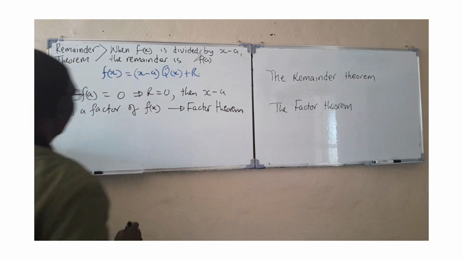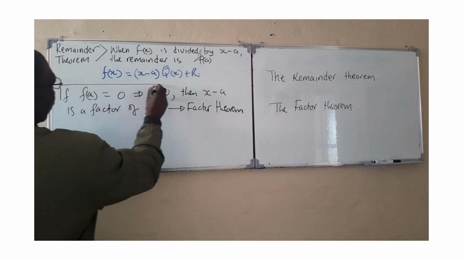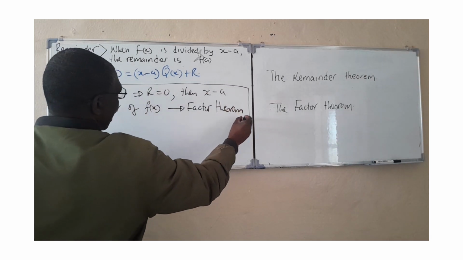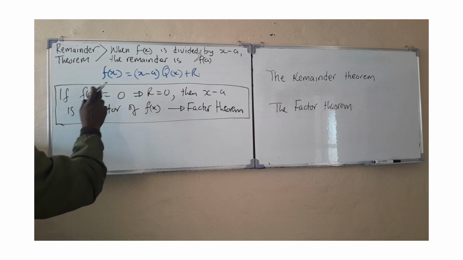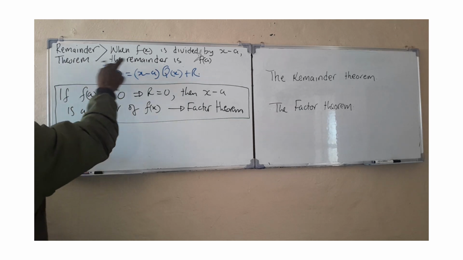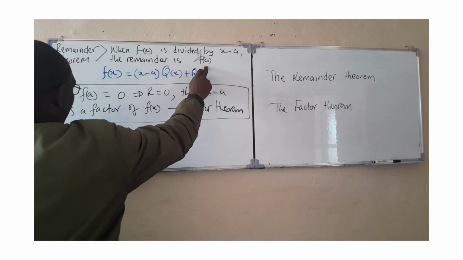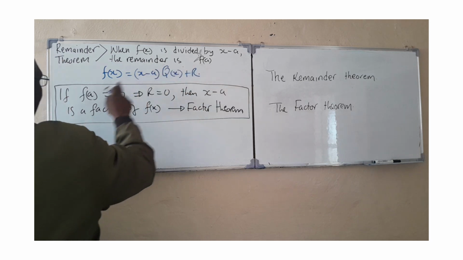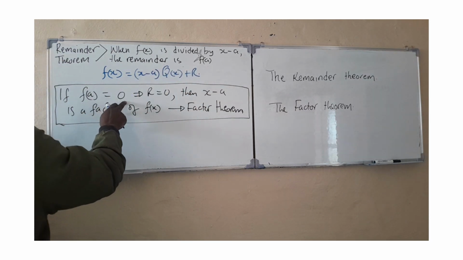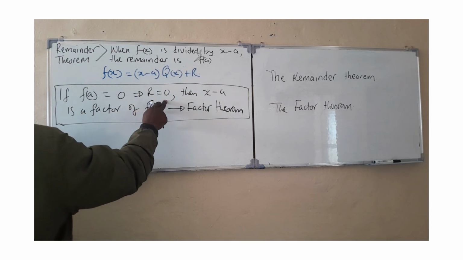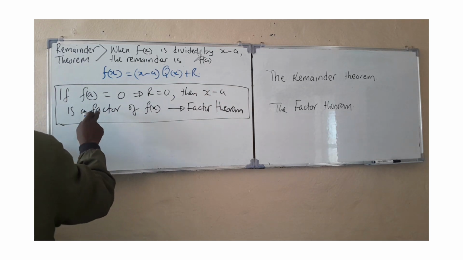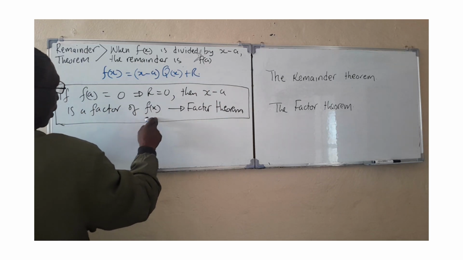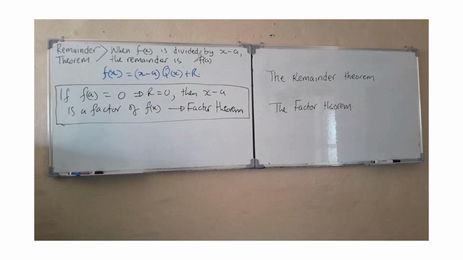This is the factor theorem. So when f of x is divided by x minus a, the remainder is f of a, which is the remainder theorem. But when we discover that f of a is actually equal to 0, that means the remainder is 0, which also implies that x minus a is a factor of f of x. So that is the factor theorem.